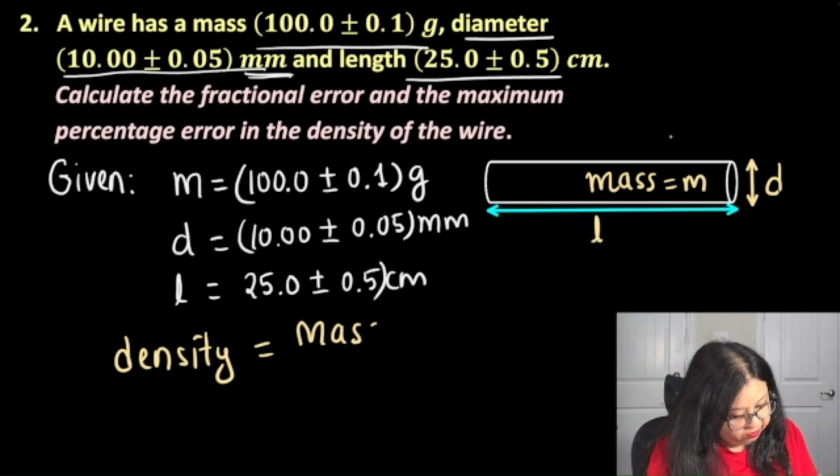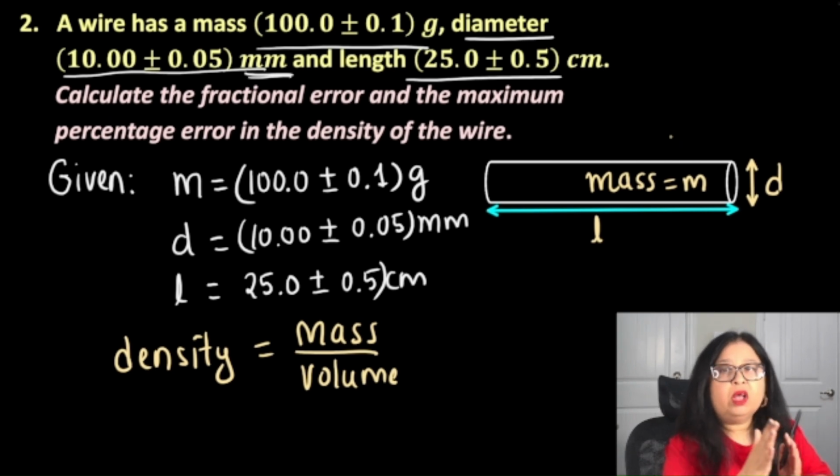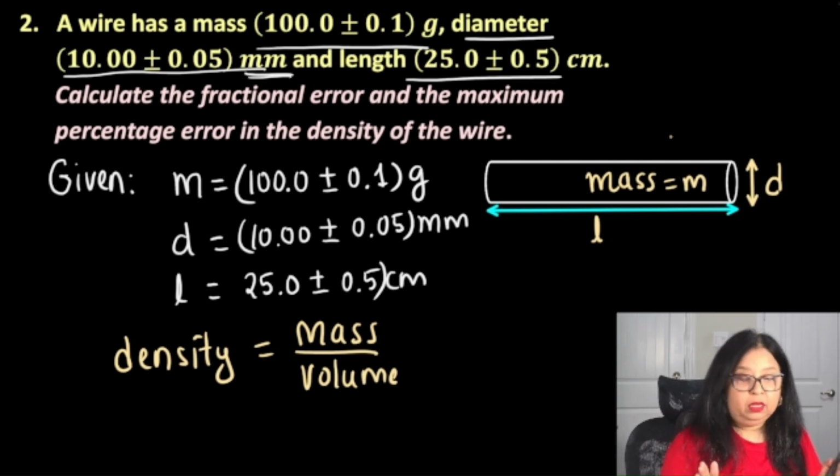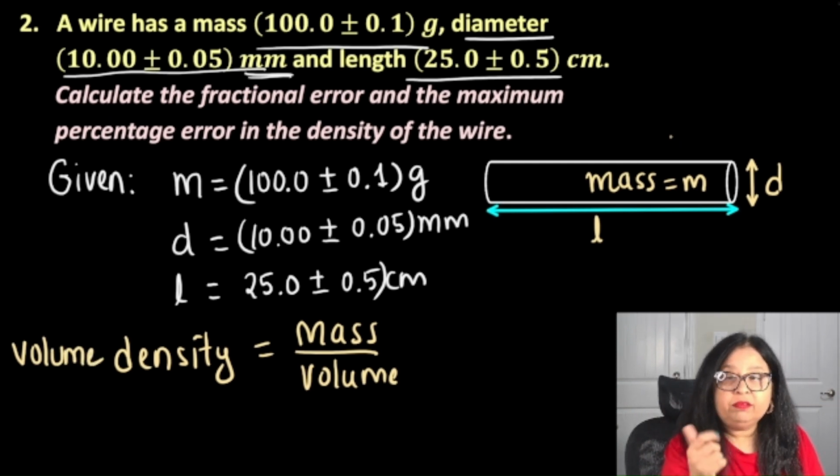Density is mass per unit volume. So density is not just of one kind. The density that we're talking about here in this problem is called volume density. In addition to this, we have surface density and linear density.